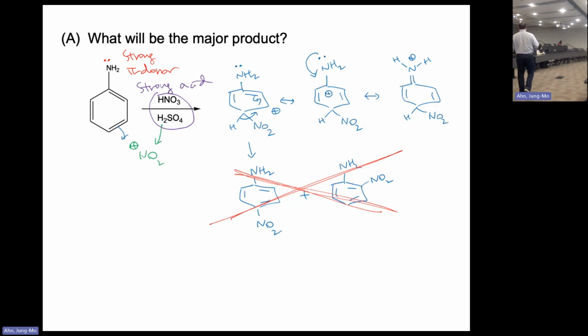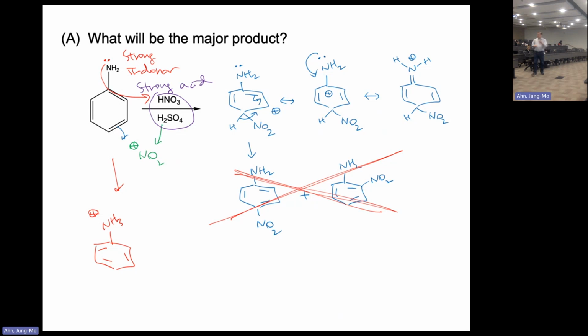It's unavoidable because that's a base, and this is a strong acid. So by mixing these together, of course, you make a nitronium ion, but these reactant molecules are still in the same solution. So the acid will protonate the amine and change it to the ammonium group. And then the ammonium group is positively charged. So is this still an electron donating group?